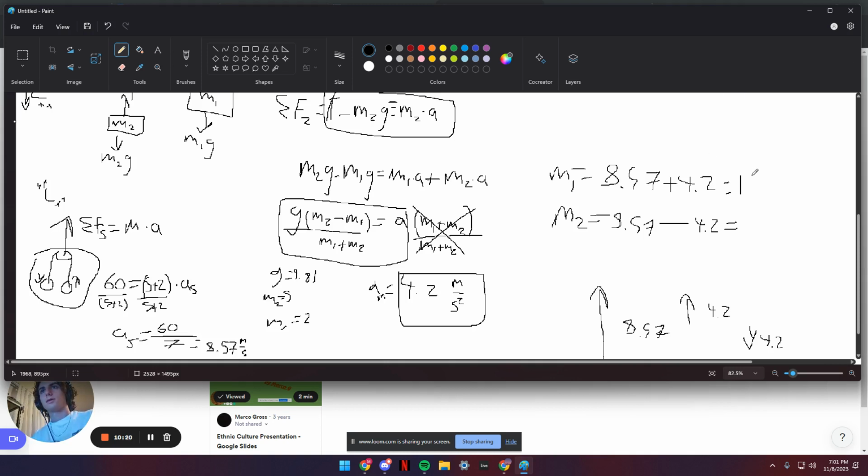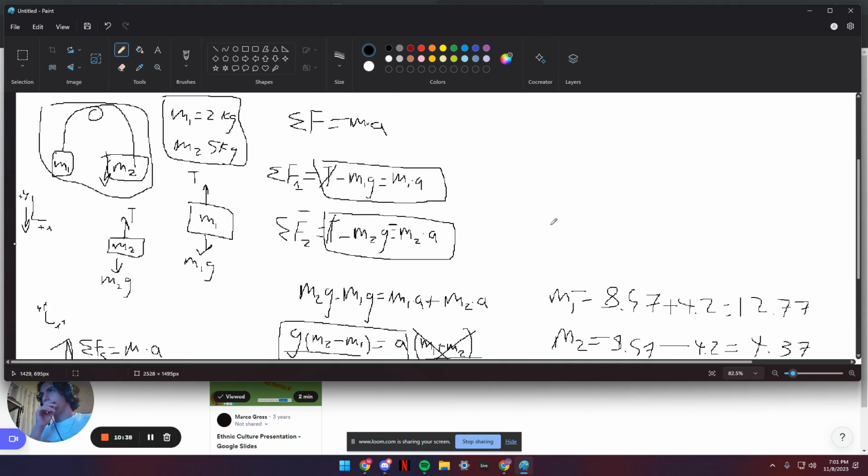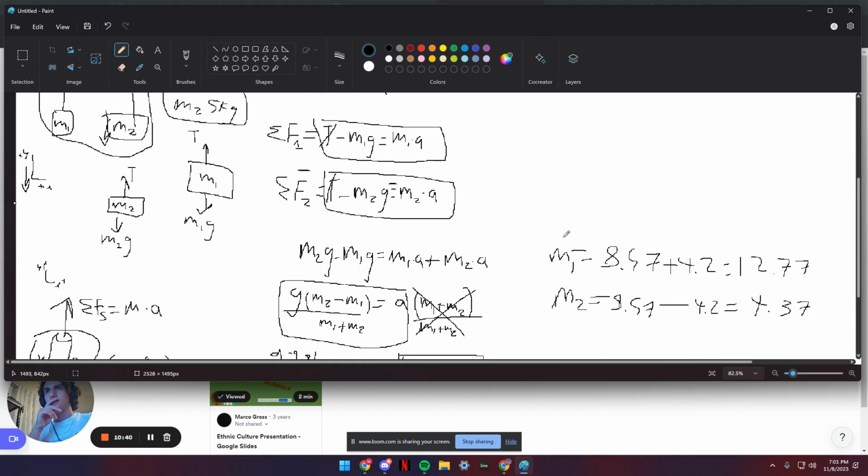So for mass 1, we'd get 12.77. And for mass 2, we would get 4.37. Now, this is the answer to part 1.